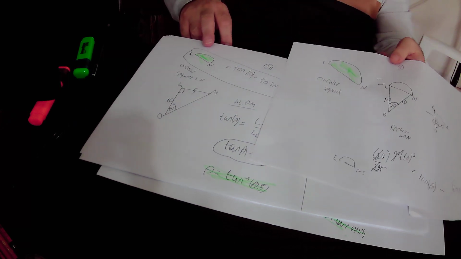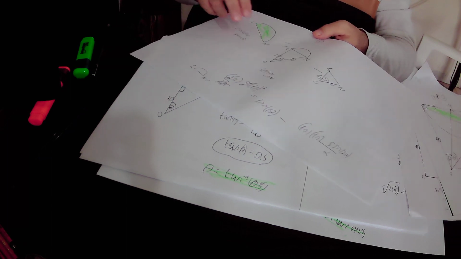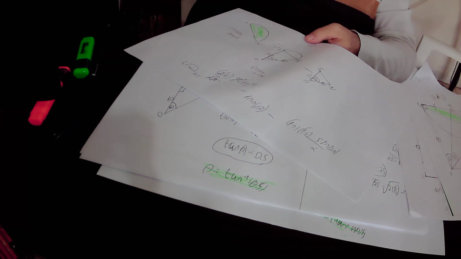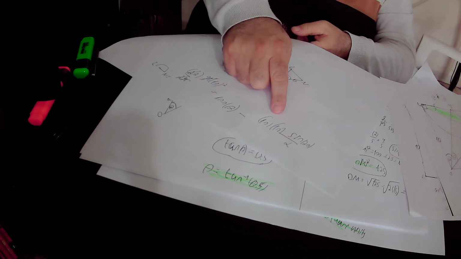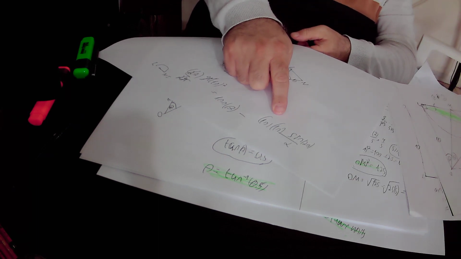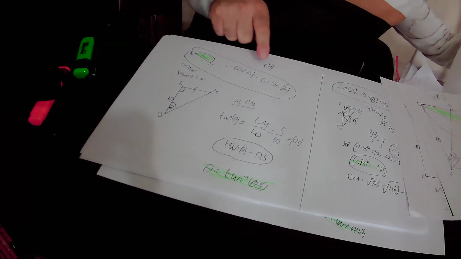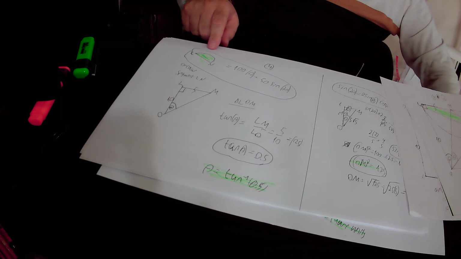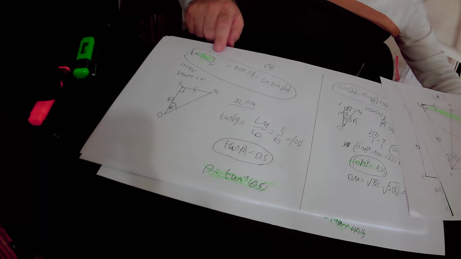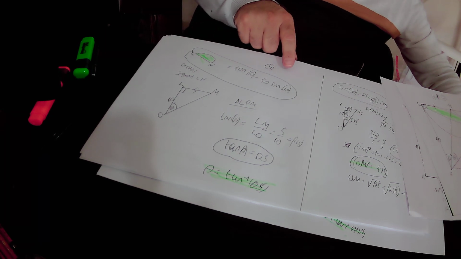So the area of the upper circular segment LN equals 100 times theta minus, and here 10 times 10 is 100, and 100 over 2 is 50, so this expression equals 50 times sine 2 theta. The area of the upper circular segment of the big lens equals 100 times theta minus 50 times sine 2 theta.